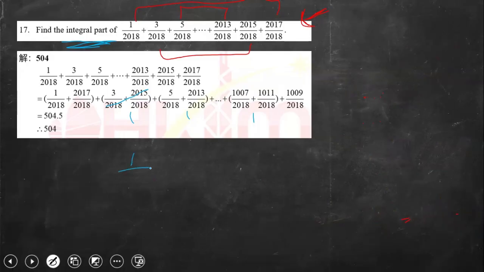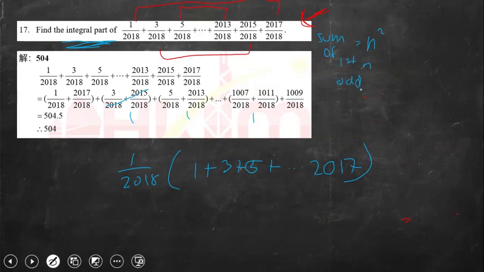So I can factor that out and leave behind 1 plus 3 plus 5 plus ... until 2017. And there's a formula for the sum of odd numbers. That's n squared, the sum of the first n odd numbers.